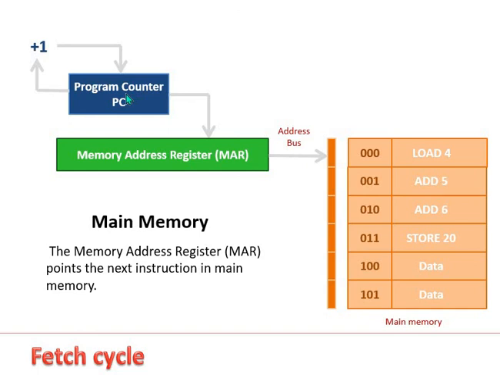Now when the address of the program counter is copied to the memory address register, what happens is that the address bus will take the address 000 and move here. Now here we have the 000 address, and the memory address register points to the main memory, and it will move here.